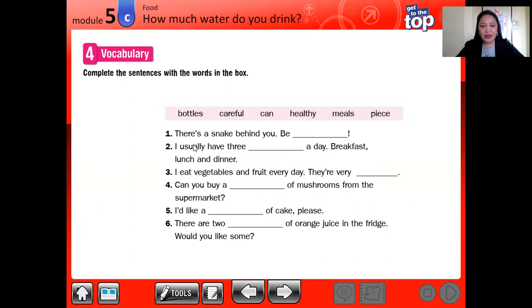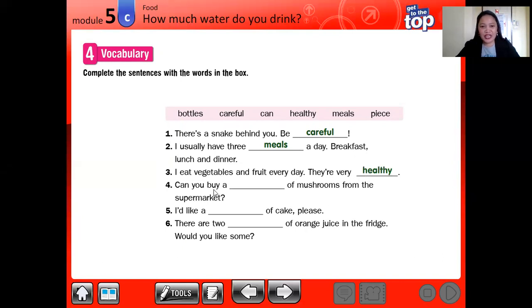So number 1, there's a snake behind you. Be careful. Correct. I usually have 3 meals a day: breakfast, lunch, and dinner. Number 3, I eat vegetables and fruit every day. They're very healthy.